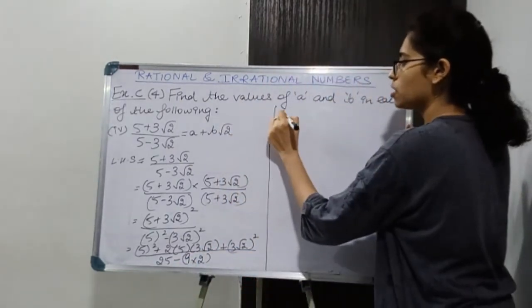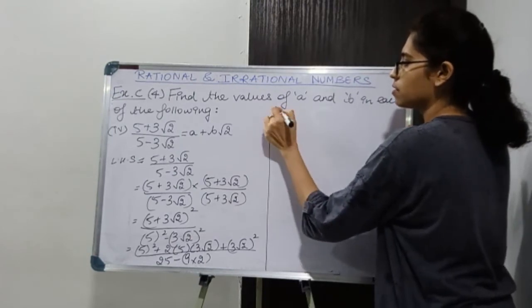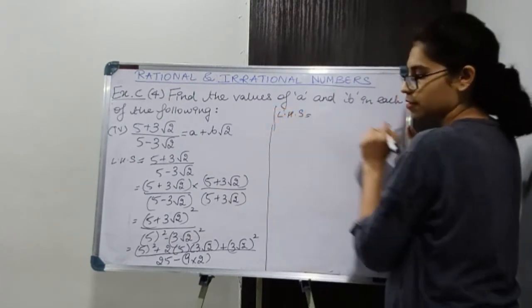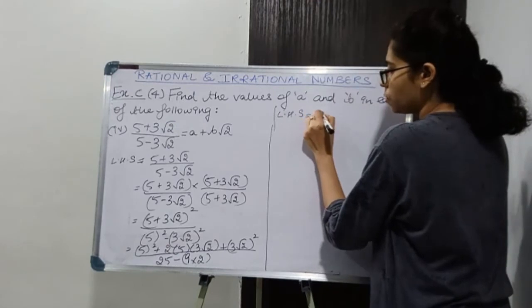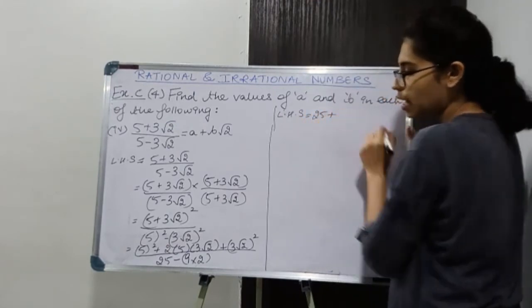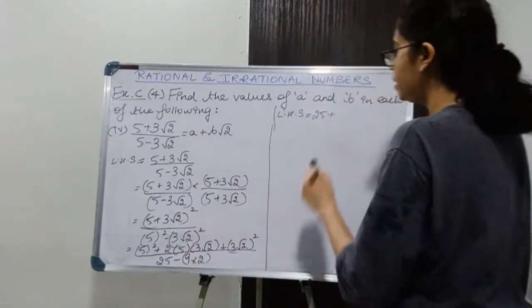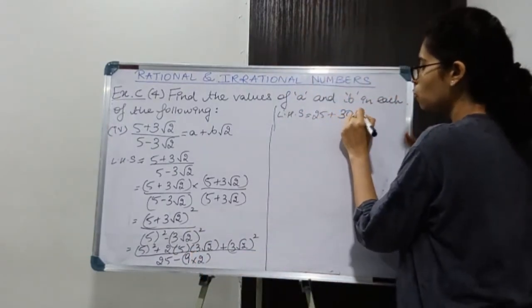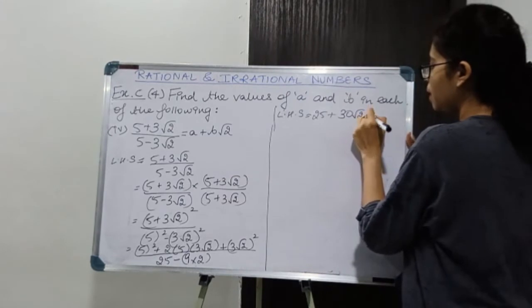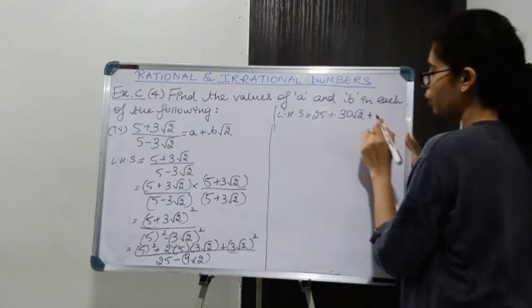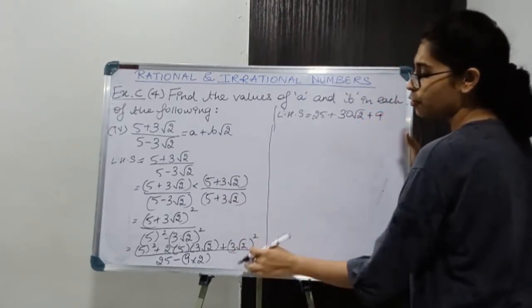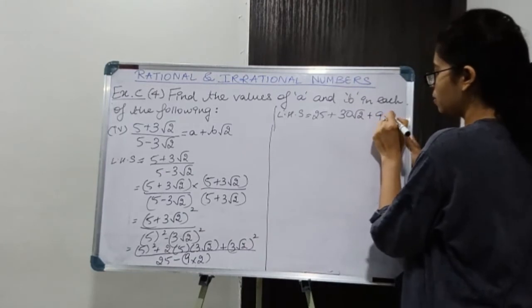So the LHS is 25 plus 2 5s are 10, 10 3s are 30, into √2, plus 3 square is going to be 9 and √2 square is 2.